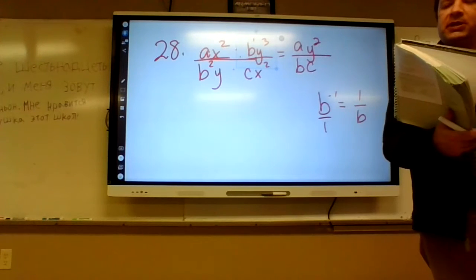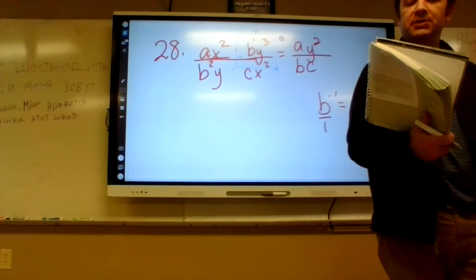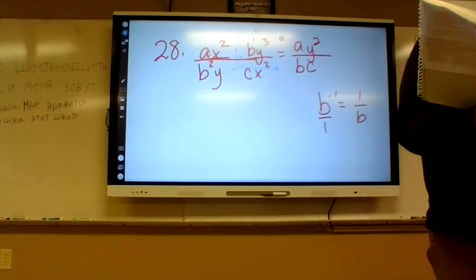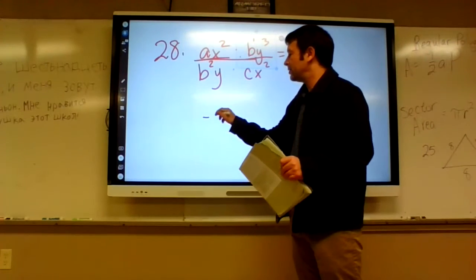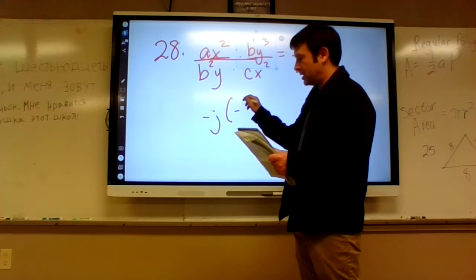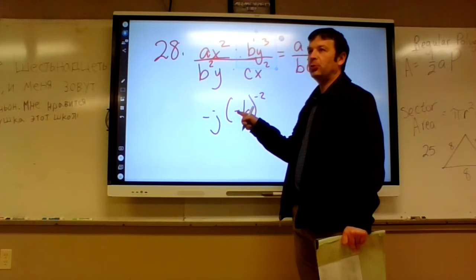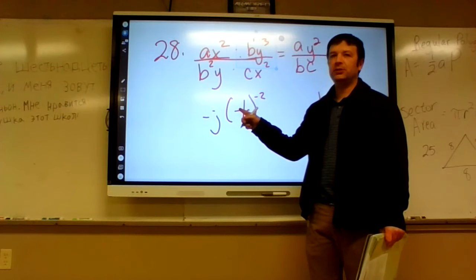Number 12 is tricky with the negatives. How many normal negatives, not exponent negatives, does number 12 have? There's 1, and there's 2 more, so 1, 2, 3. There are 3 negatives.